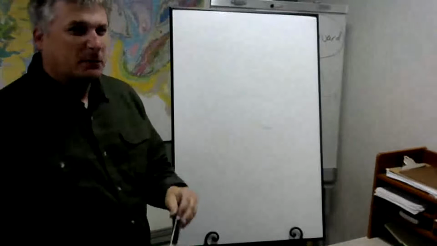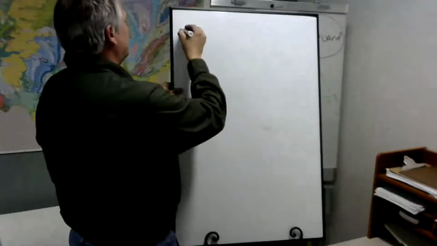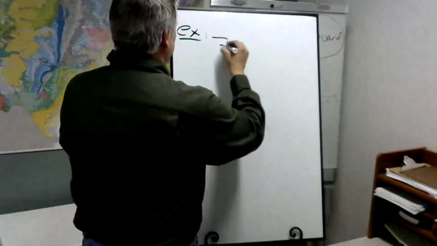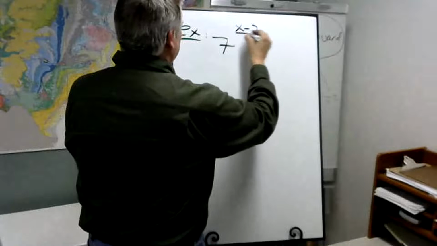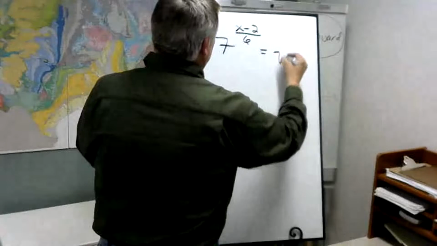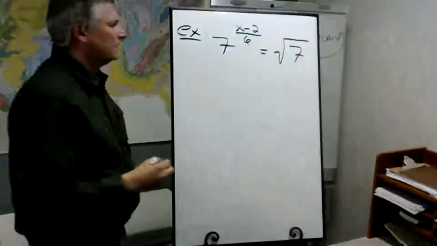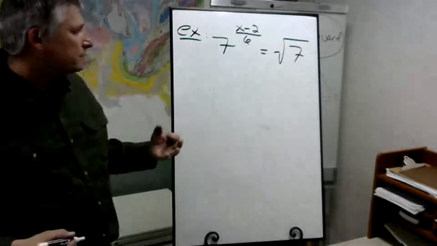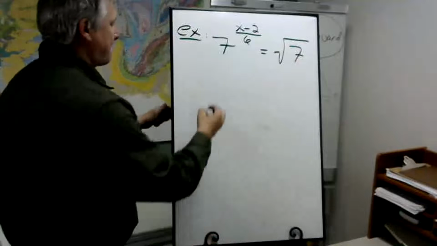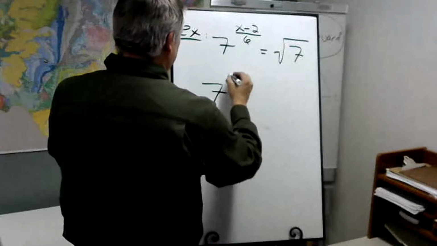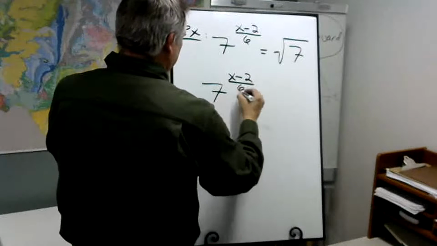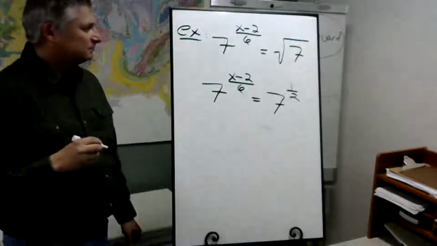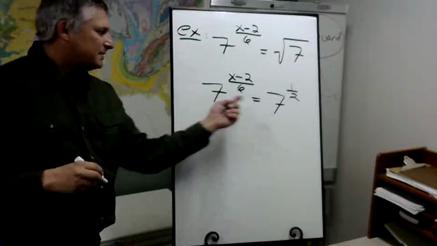Now, some of these can be a little more subtle. Let's say we have this. Now, what we want to do is convert this square root into an exponent. And a square root is an exponent of a half. So, again, bases are the same.